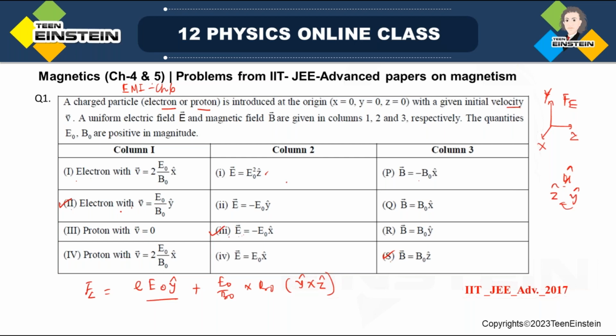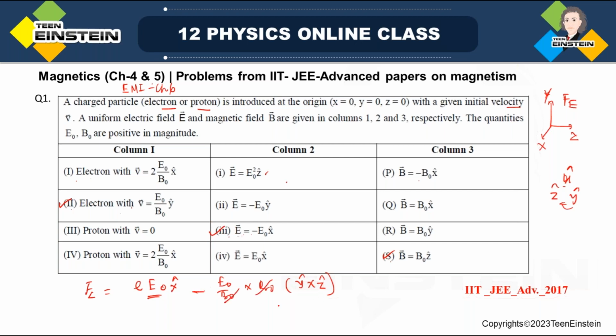I'm sorry, this electric field is along X cap, so this force is along X cap. This will give you positive X cap, but the particle is negatively charged, so here it will be negative.